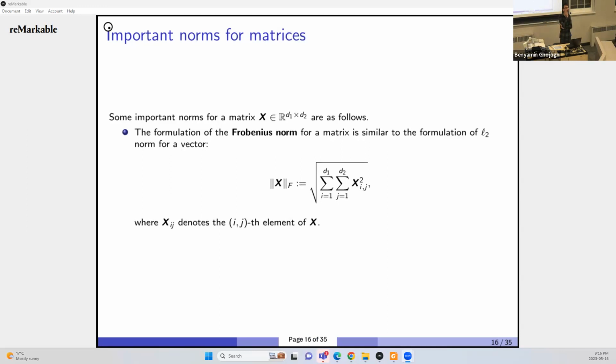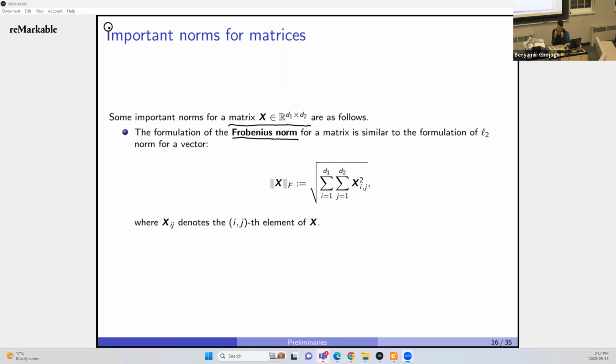Now, important norms for matrices. Matrices also have norms. The most important one, at least in our application for now, is the Frobenius norm. Consider the matrix D1 by D2. Frobenius was a mathematician. The formulation of the Frobenius norm for a matrix is similar to the formulation of the L2 norm for vectors.